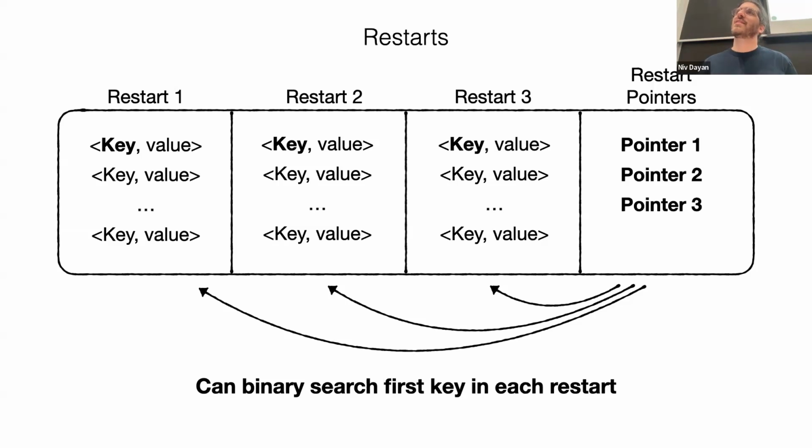My question was, one thing about that is... keep talking about it. Okay, suppose each pointer is pointing to the starting location of each one of the restarts, and the start of that restart contains the key.